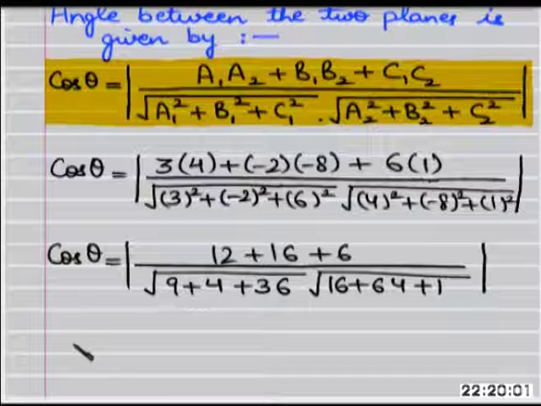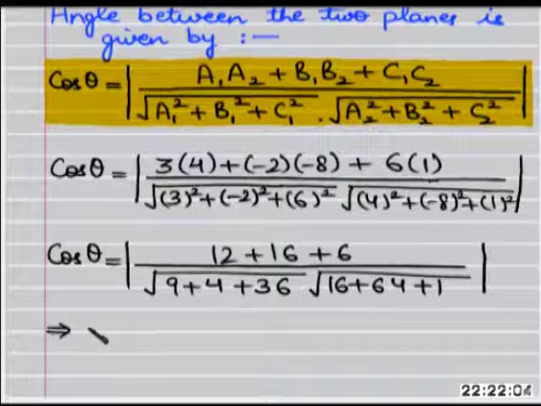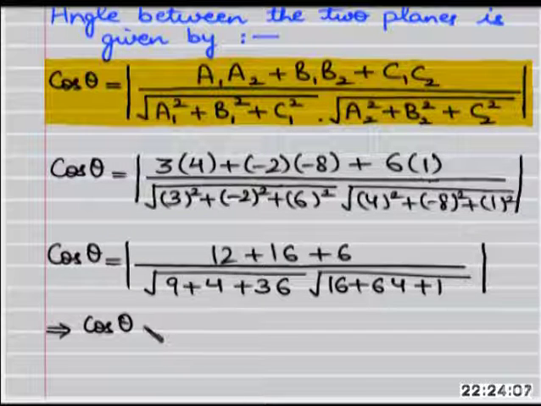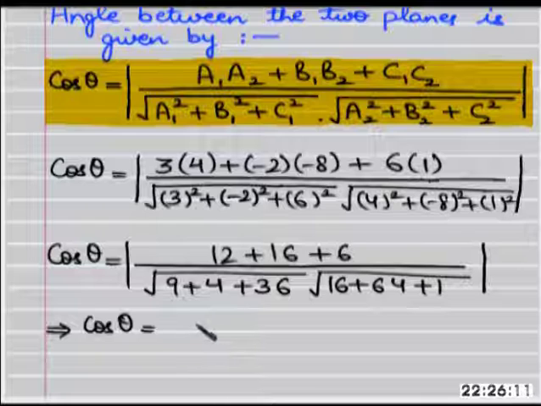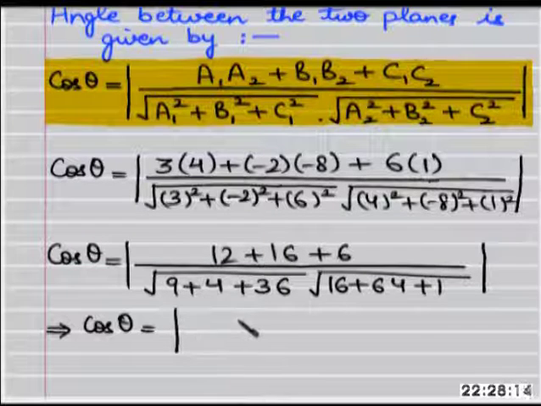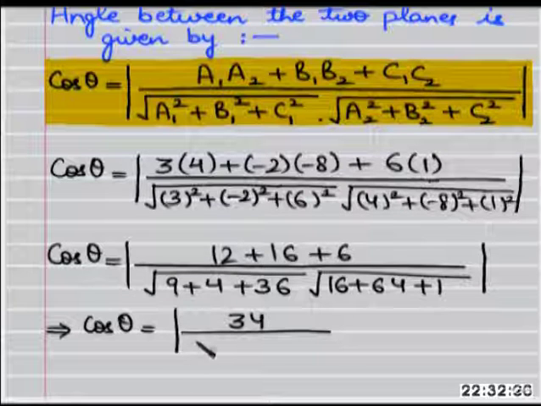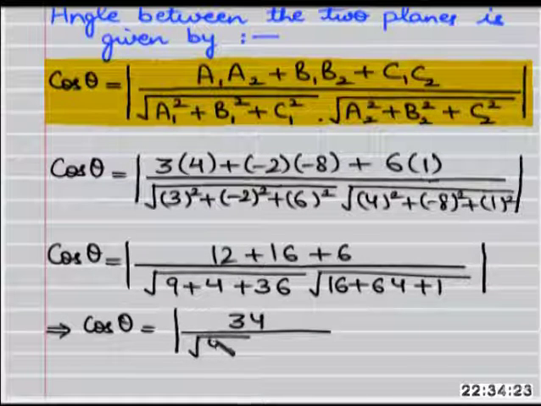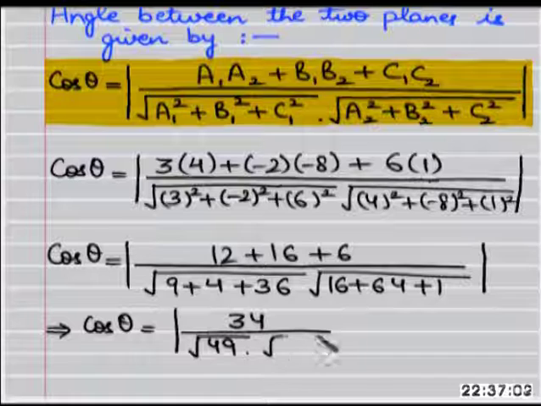This implies cos theta is equal to modulus of 34 whole divided by square root of 49 into square root of 81.